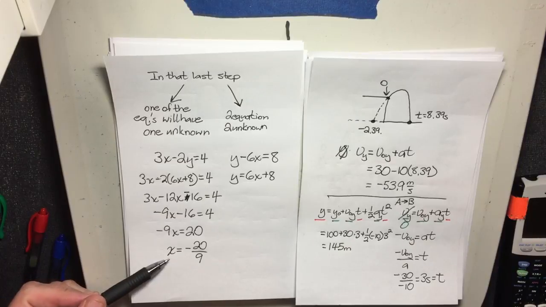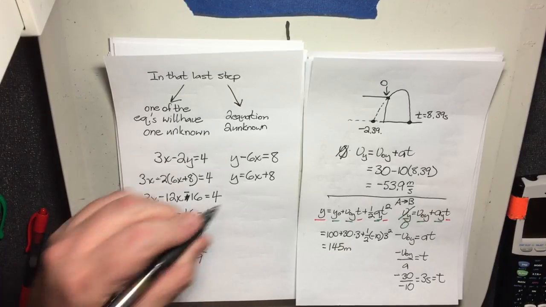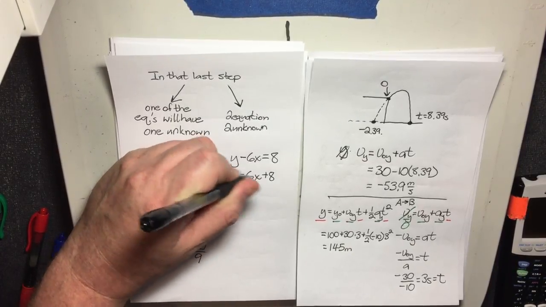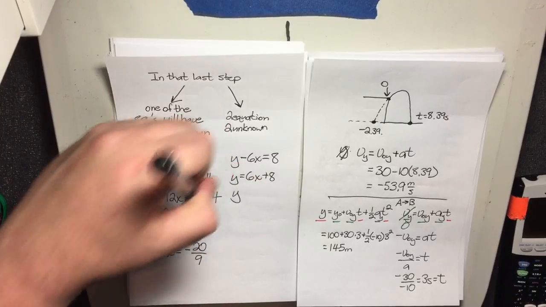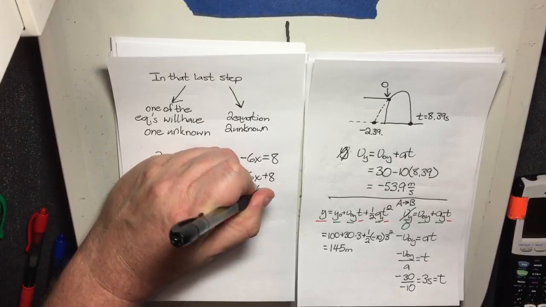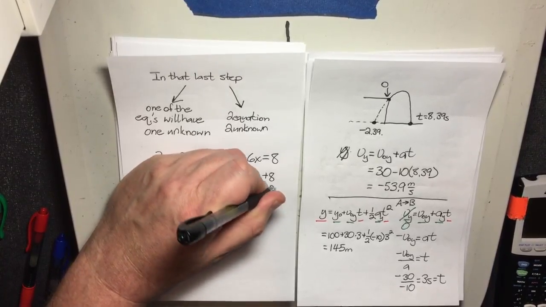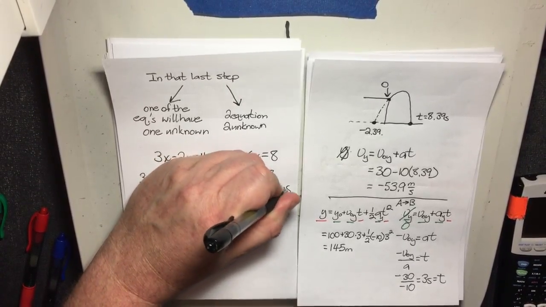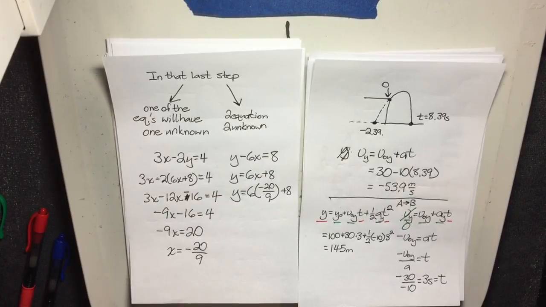Now that one of the answers has been solved, plug it into the other one. The one that you originally used to substitute for y. y equals 6 times negative 20 over 9, plus 8. So it's negative 120 divided by 9 plus 8.